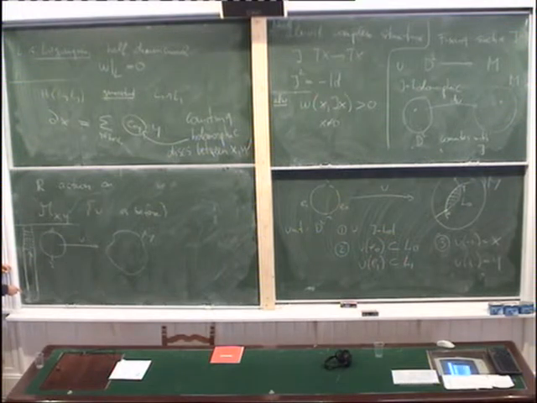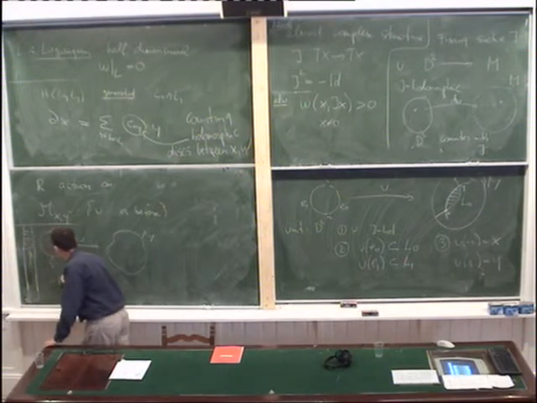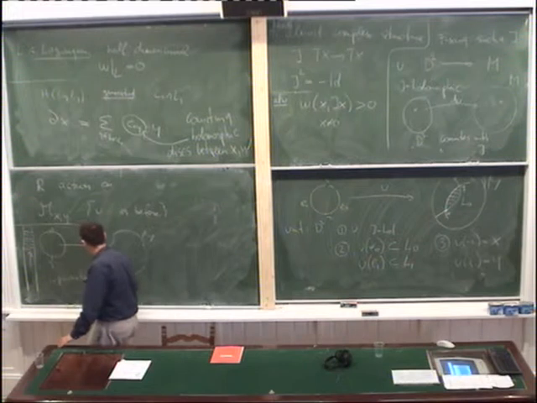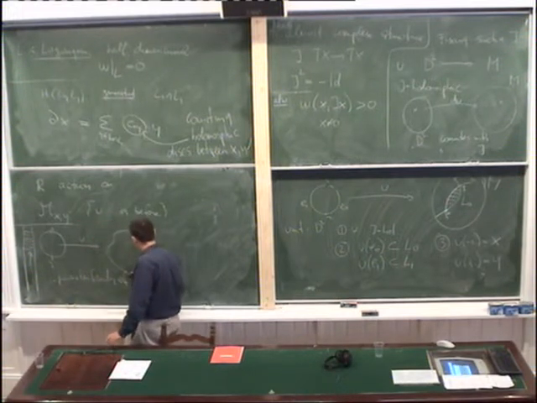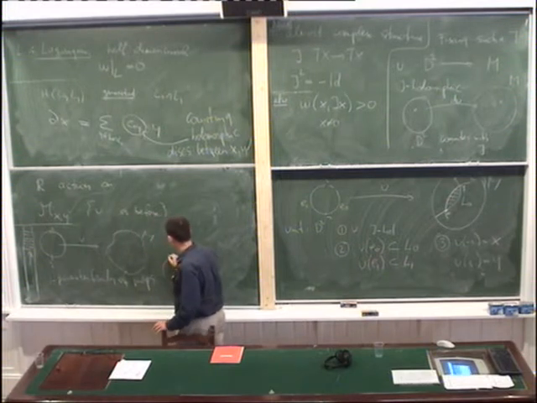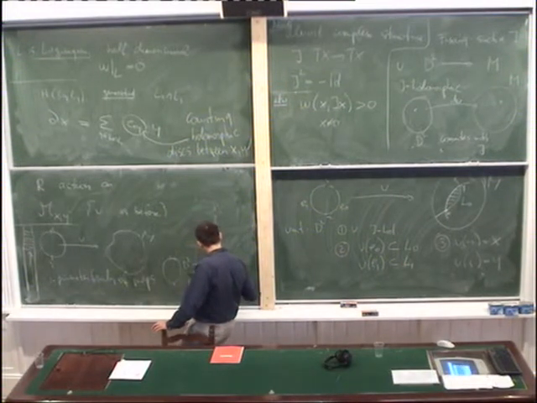Is that okay? Of maps from, I guess, D2 to D2 that keep I and minus I fixed.